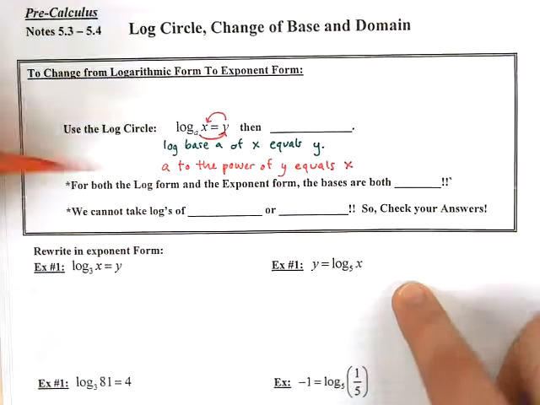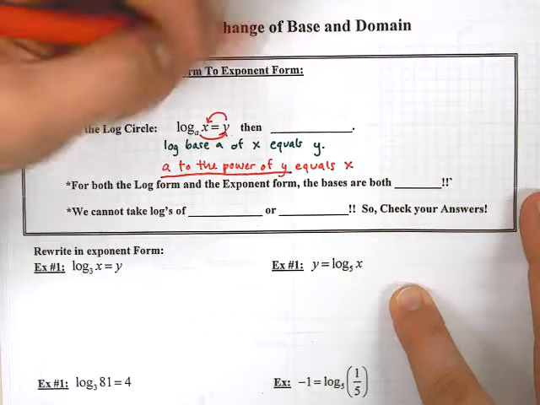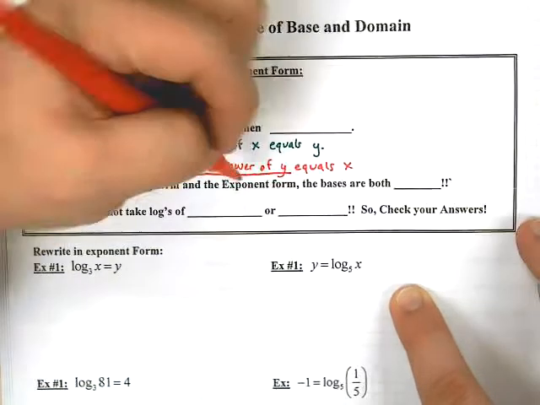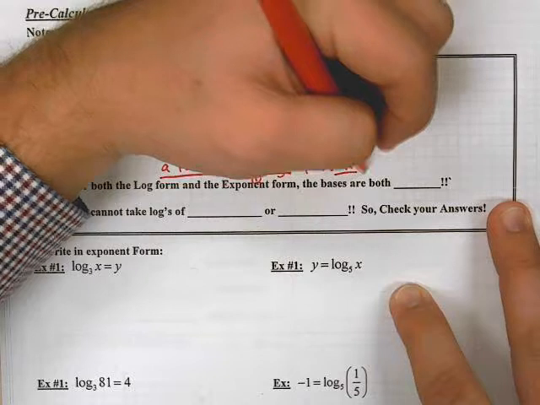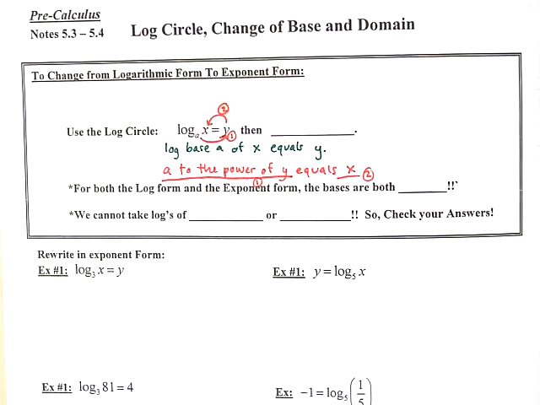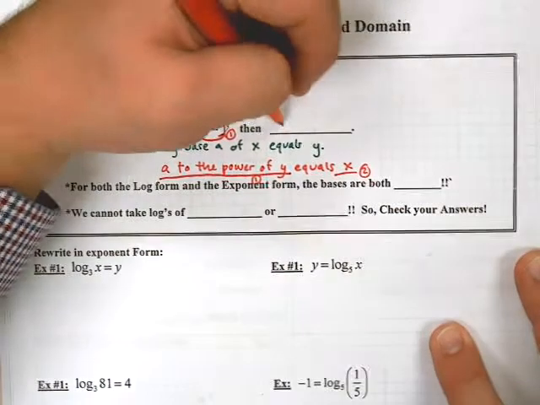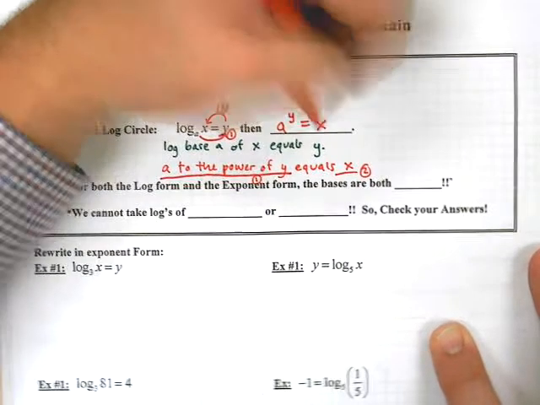This part right here, a to the power of y, that's my first loop of my circle. That's 1 and 1. Equals x, this is 2. So what would we say here? I would say a to the power of y, a to the y, equals x.